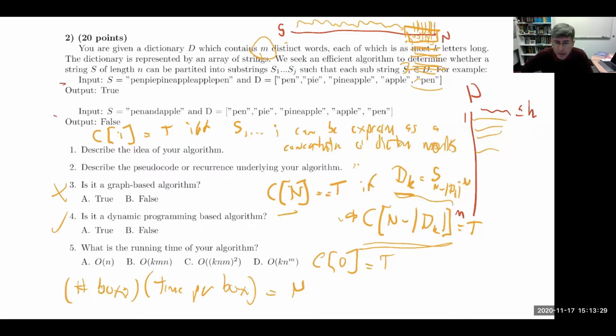If it doesn't match, I move on. I'm going to be trying this for a total of M words, each of length at most K. The time per box is going to be M times K. The total time is order K, M, N. Any questions about this one?